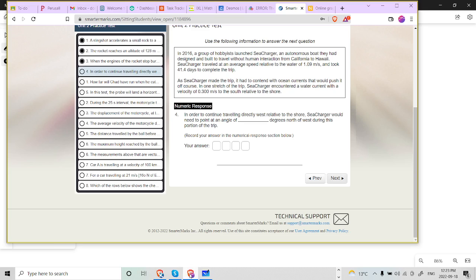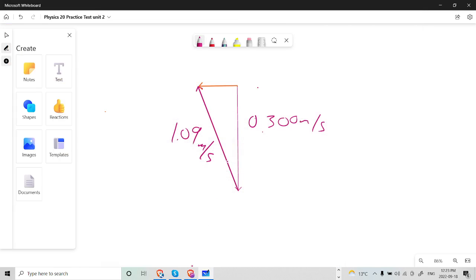And we are specifically asked for how many degrees north of west. So they're asking for this angle theta here. So in that case, it's best to use sine, because our opposite will be the 0.300 and our hypotenuse will be 1.09.